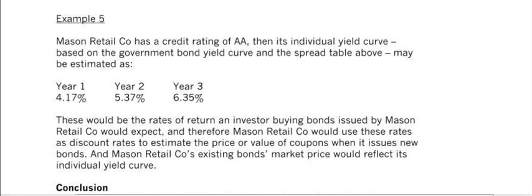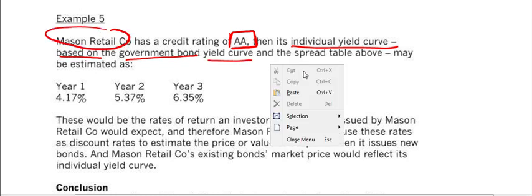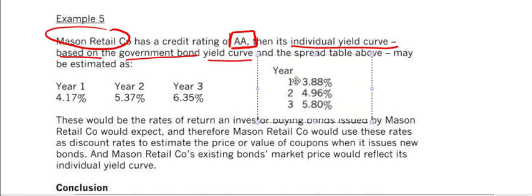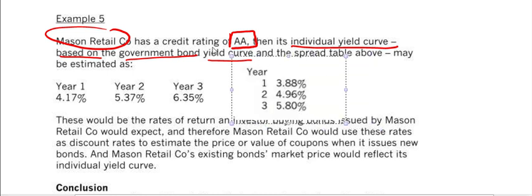Now let's say Mason Retail Company is rated AA. If Mason is rated AA, then we find the individual yield curve based on the government bond yield curve for Mason alone. You see, the government bond one was 3.88.